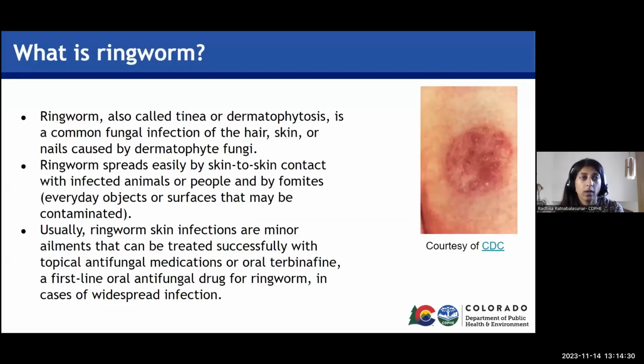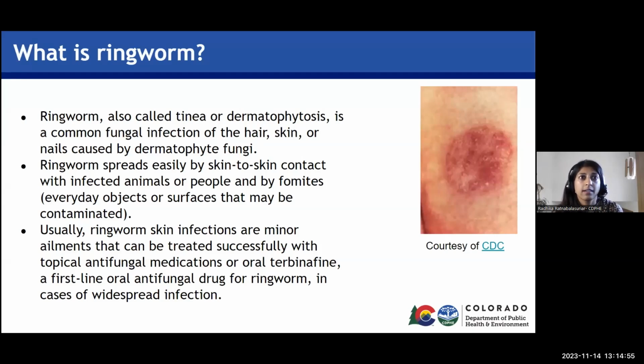What is ringworm? Ringworm is also called tinea, and it's a common fungal infection of the hair, skin, or nails caused by dermatophyte fungi. Ringworm spreads easily by skin-to-skin contact with infected animals or people, and by fomites, which are everyday objects or surfaces that may be contaminated.